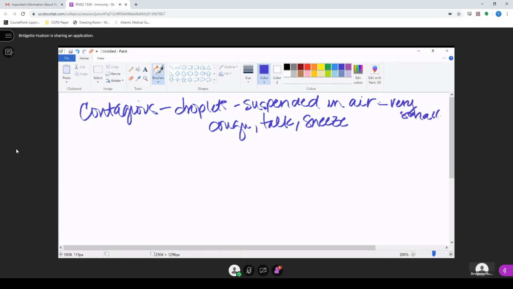Okay, so when someone coughs or talks or sneezes, that droplet will just stay suspended, and then some poor person comes by and they may inhale that mycobacterium, which is completely different than your other bacteria and viruses, because they don't really stay in the air because they're larger. So they'll usually drop off to the ground or surfaces or whatever may be around them.